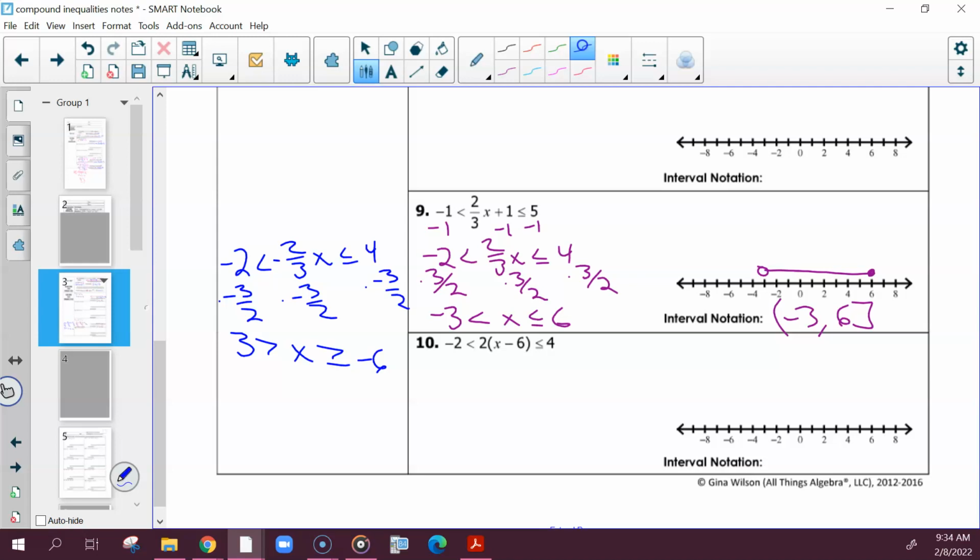But you still want this in the format of less than. So what you would do is rewrite it so it's lowest to highest. So basically I took this whole thing and I flipped it. If you did get a negative, that's what you would do. Your graphing would be the same if you flipped it or not. And you don't have to flip it, but if you wanted to, that's what you would do.